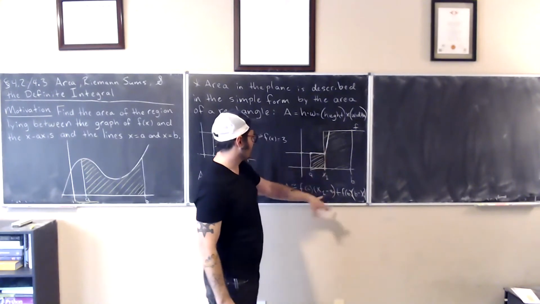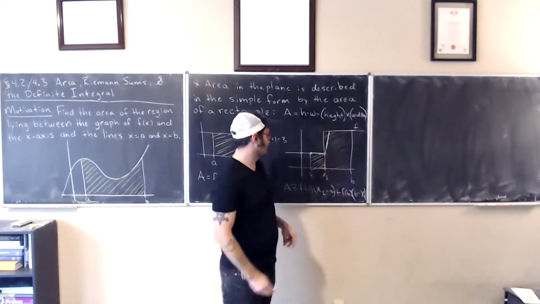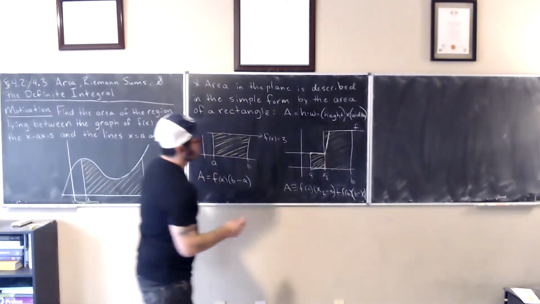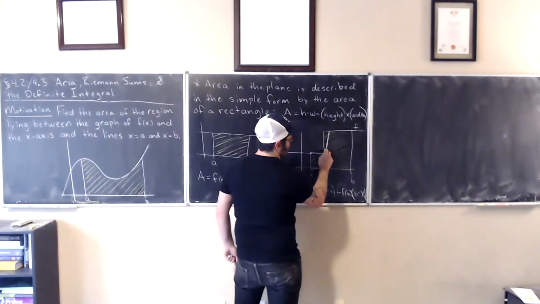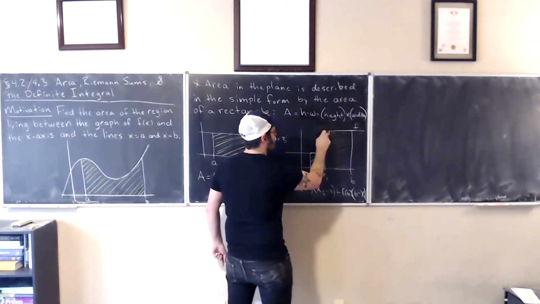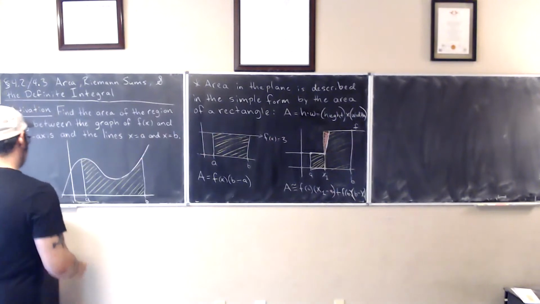So we have height times width, and with this picture here, we have some error. This is how much our error was for that procedure there.